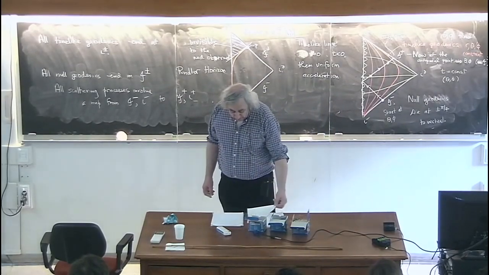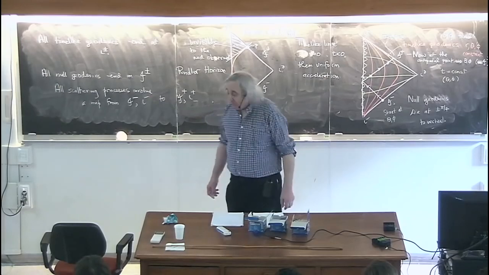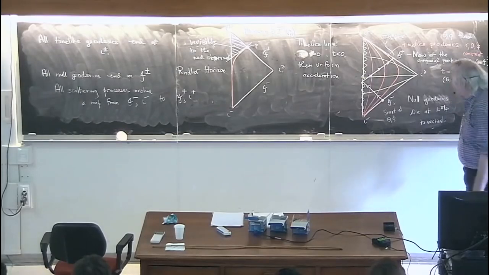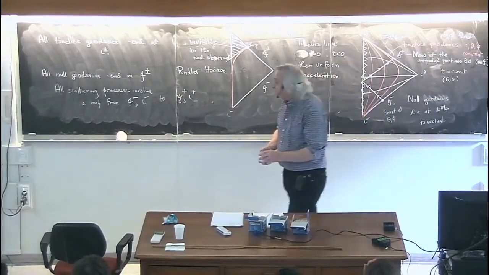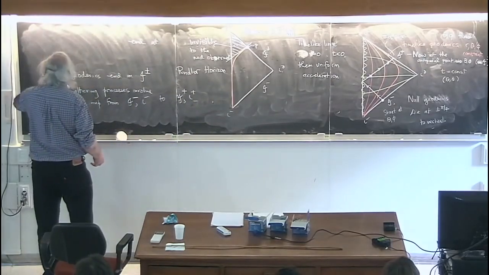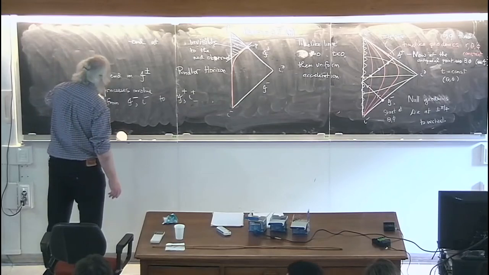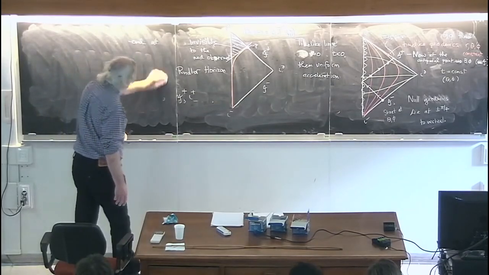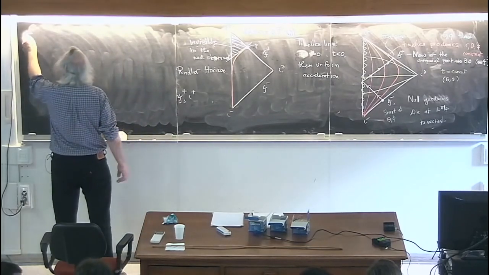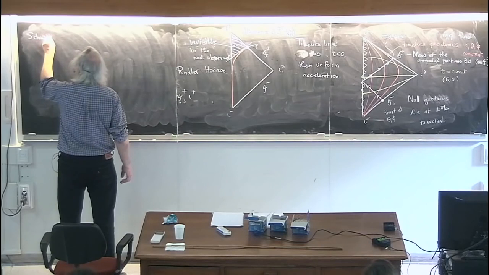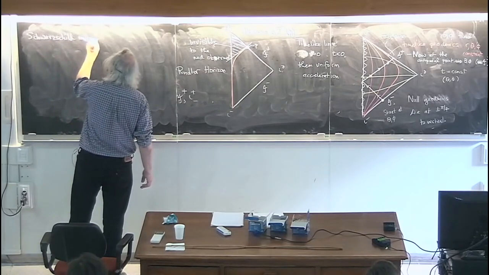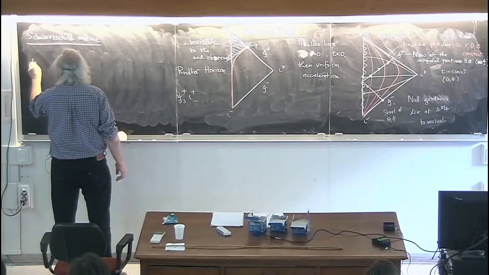So much for Minkowski space. Let's move on to some black hole spacetimes. The place one always starts is with the Schwarzschild metric. Its line element looks a bit like Minkowski space.